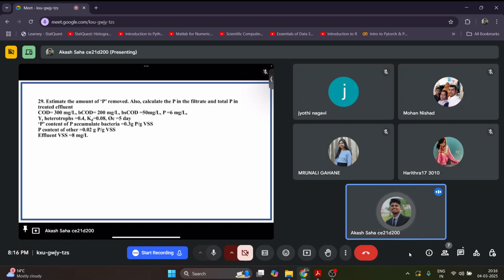Always remember the phosphorus accumulating bacteria will only consume the easily available biologically soluble COD. The other BCOD will be consumed by the heterotrophs. So only this has to be taken into consideration. KD and theta C are just given to calculate the observed yield.